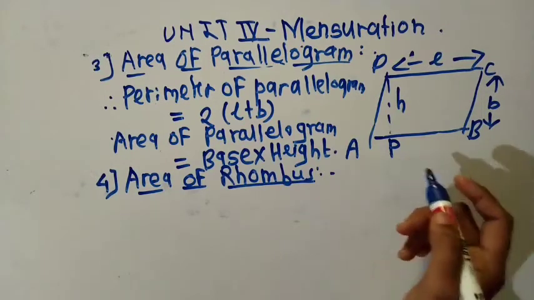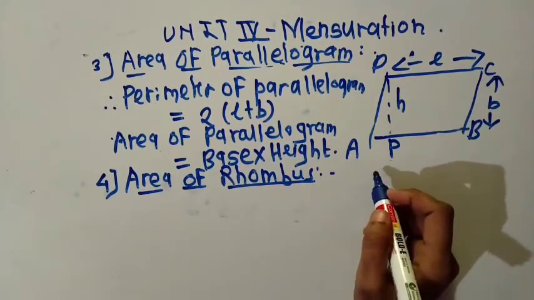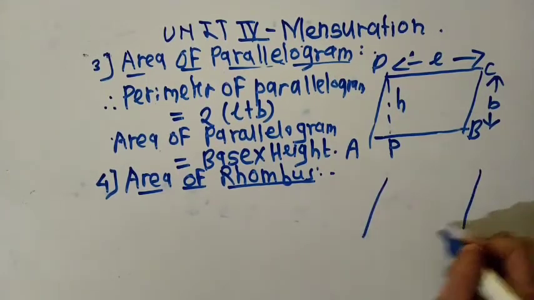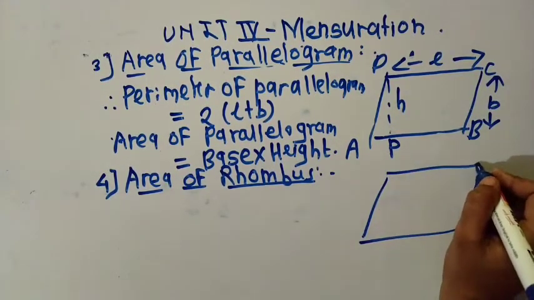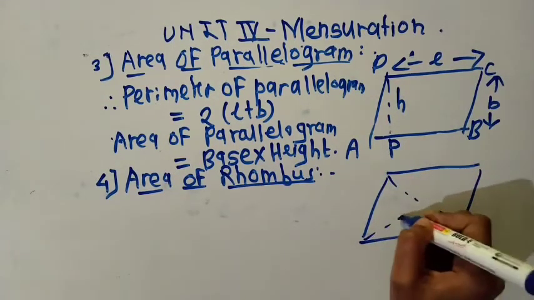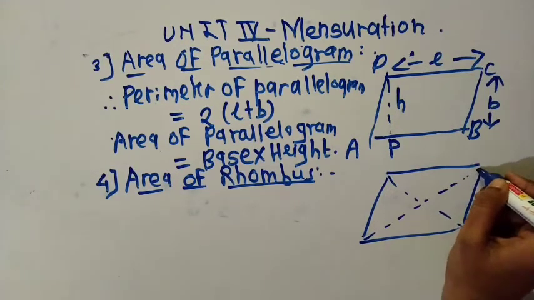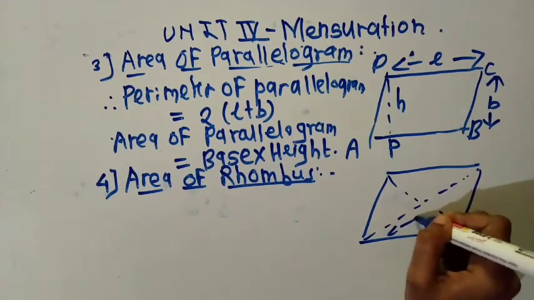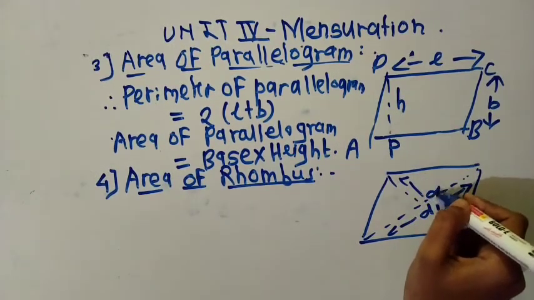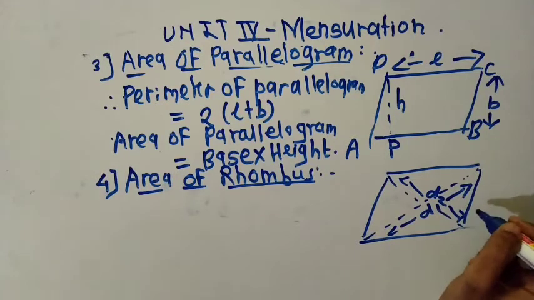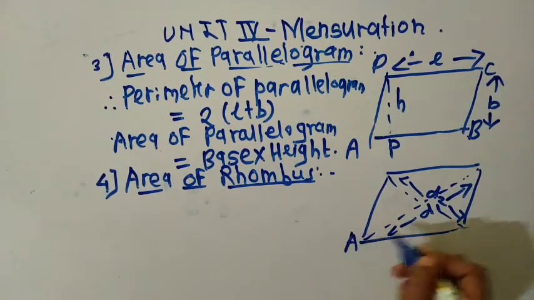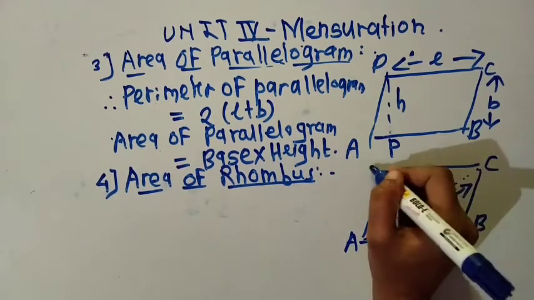All sides have equal length and opposite sides are parallel, which means rhombus is also a parallelogram. This is D1 and this is D2. A, B, C, D.